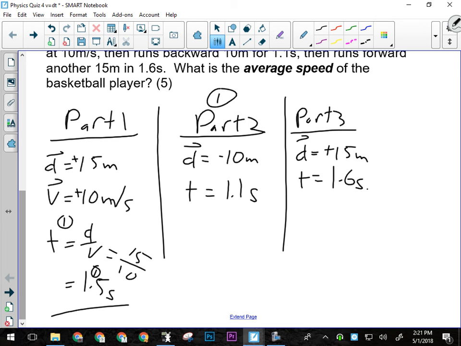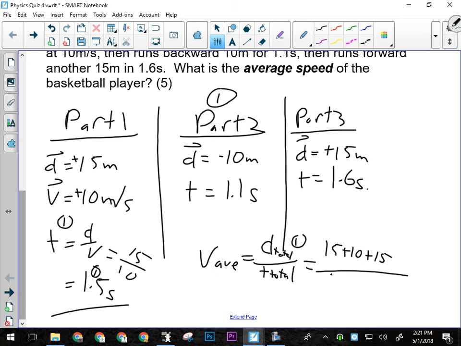Now that I have that, I can calculate average speed. Average speed is total distance over total time. So that's 3, and this will be 4, whether they showed this or just plugged in the numbers. The numbers are 15 plus 10 plus 15 divided by 1.5 plus 1.1 plus 1.6. Why did I not subtract the 10? Right, it's speed, it's scalar, it's distance, it's scalar.